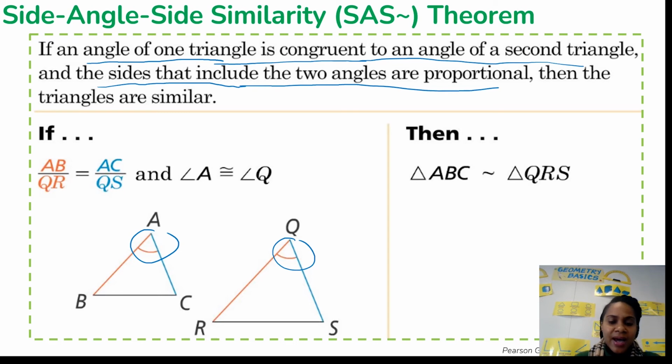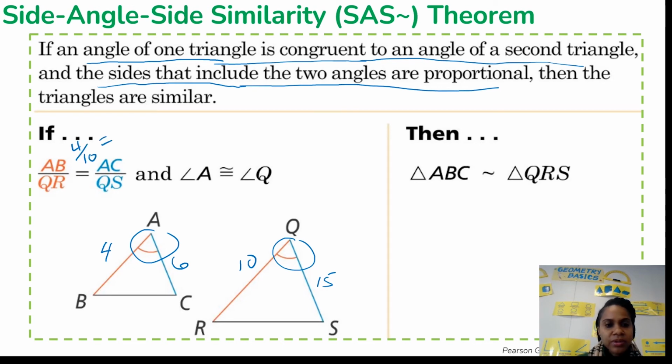The sides have to be proportional as well. So as an example, let's say this side was 4, AB, and this side was 10, and AC, let's say that was 6, and QS is 15. So AB over QR would be 4/10.